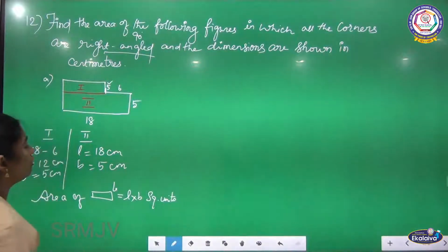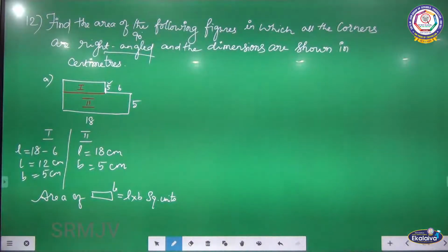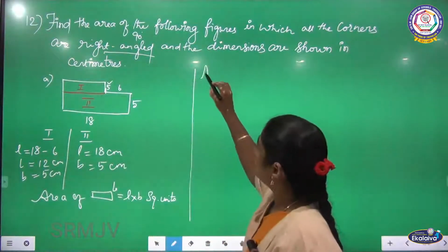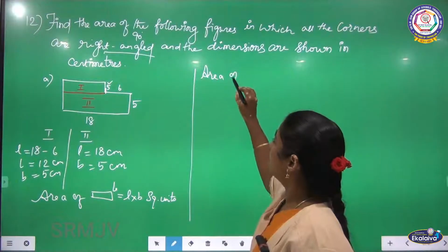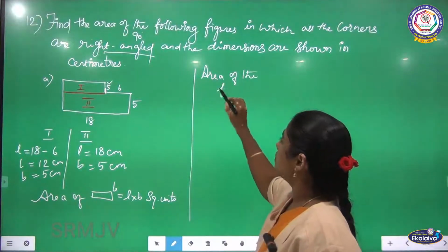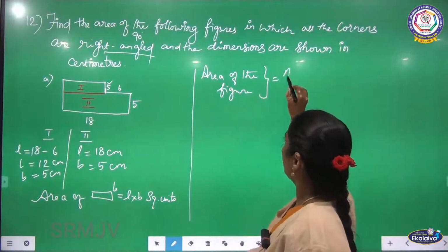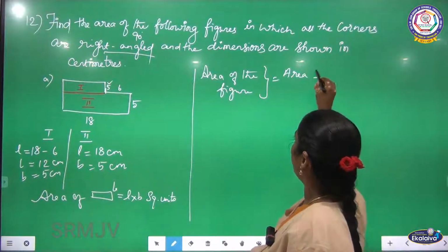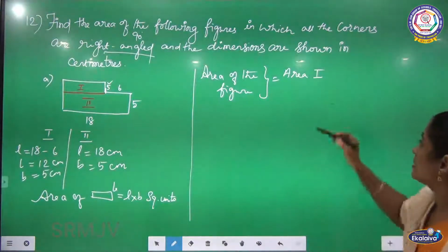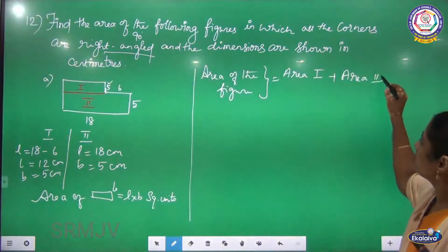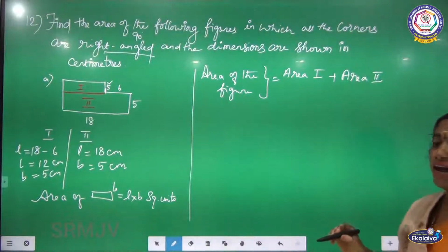So I am going to substitute this formula. Listen, area of the figure. Got it? Area of the figure is equal to area 1 plus area 2.